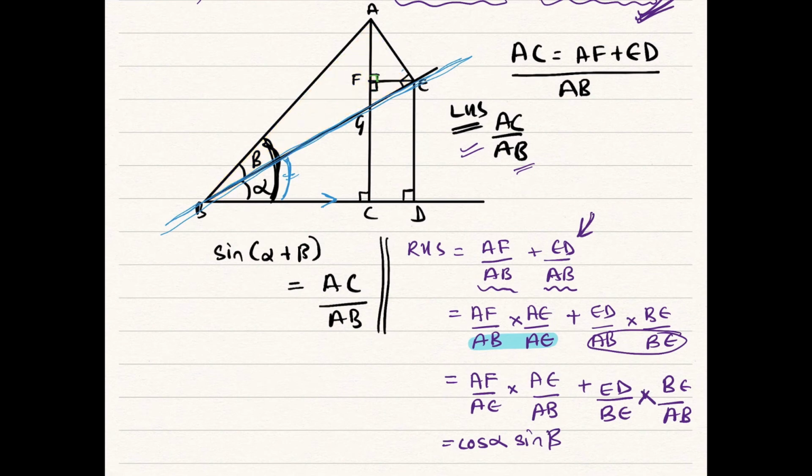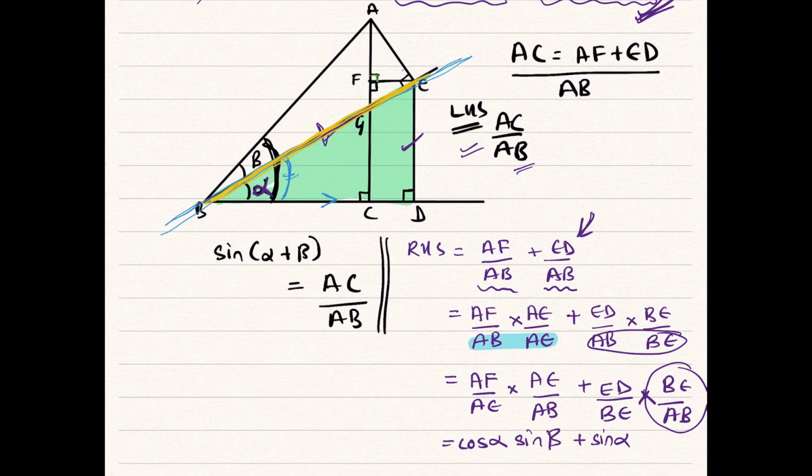Now the second side, ED by BE. I'm considering this triangle. With respect to my angle alpha, ED by BE is equal to opposite by hypotenuse, which is sin alpha. Now BE by AB, the final part, this side.